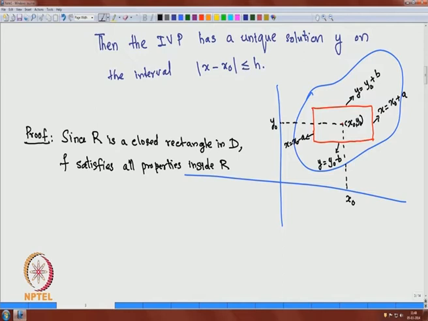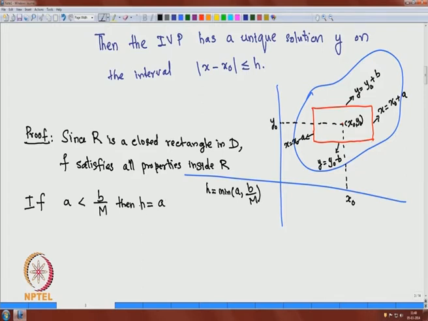Now, there are two situations. One is if A is less than B by M. Remember our definition of the constant h, which is the minimum of A and B by M. So, in case A is less than B by M, then h is equal to A, and in that case we have the same rectangle.